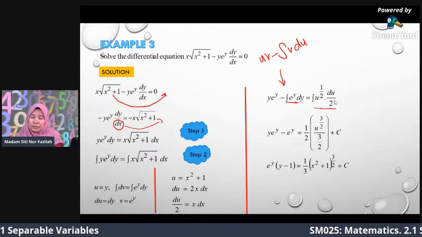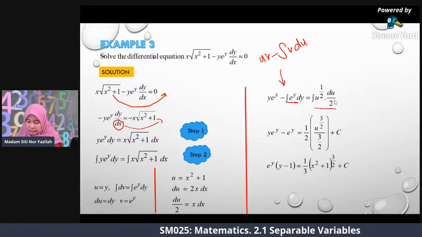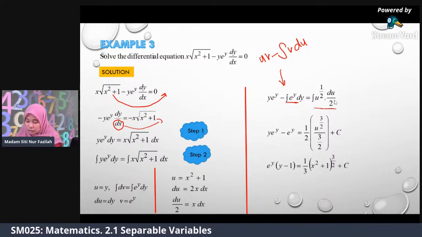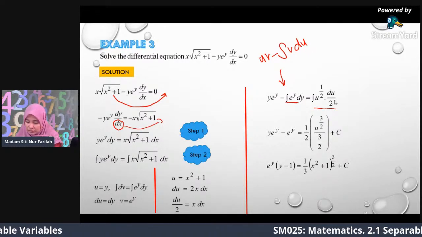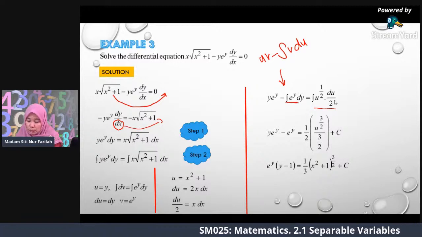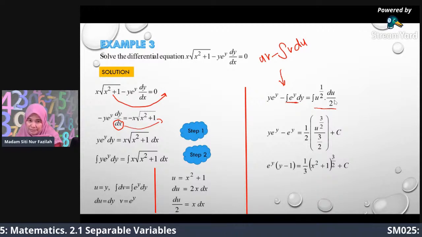We have e^y multiplied by (y − 1) equal, simplifying the constants, 1/2 times 2/3, we can get 1/3 multiplied by (x² + 1)^(3/2) plus c.